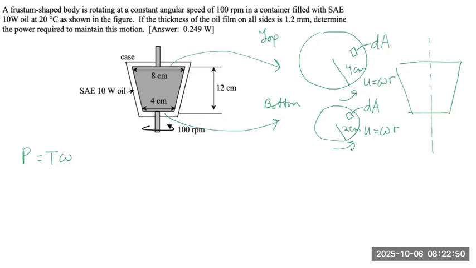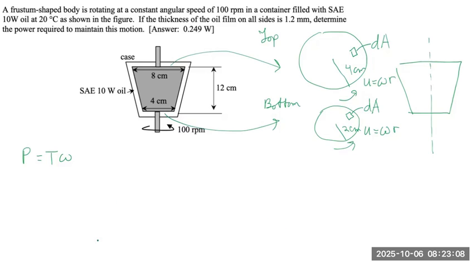Now let's find how to express torque as a differential torque, because we have to sum the total torque over this space. So we have to find what the expression for a small unit of torque is.